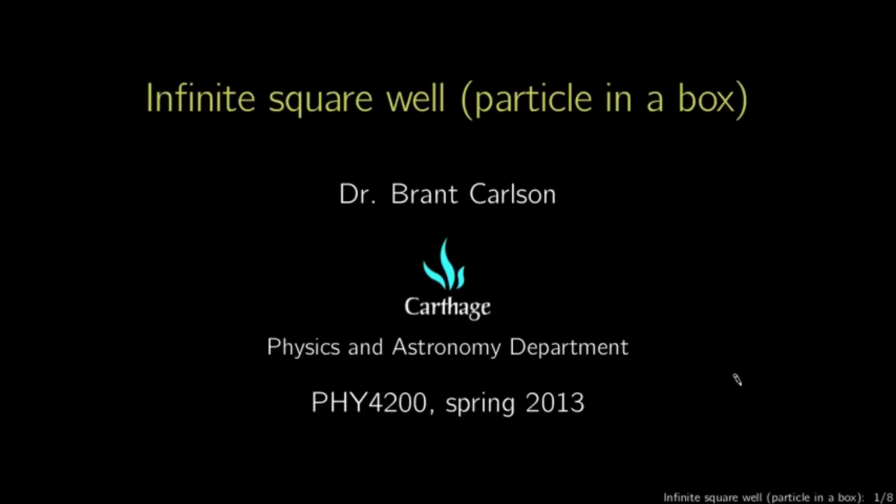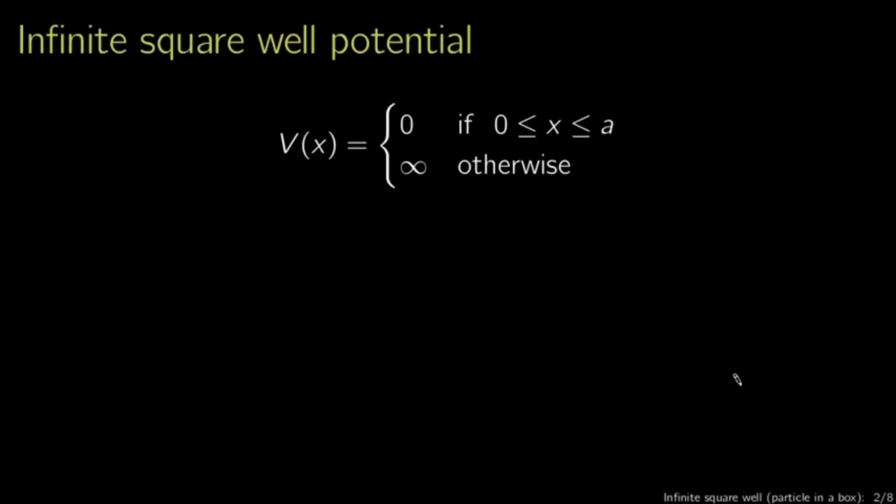The infinite square well is called that because its potential is infinite and, well, square. If I plot this, going from 0 to A, the potential is infinity if you're outside the region between 0 and A, and 0 if you're in between 0 and A.